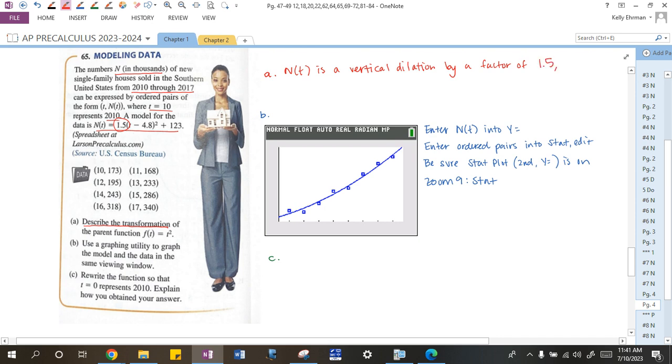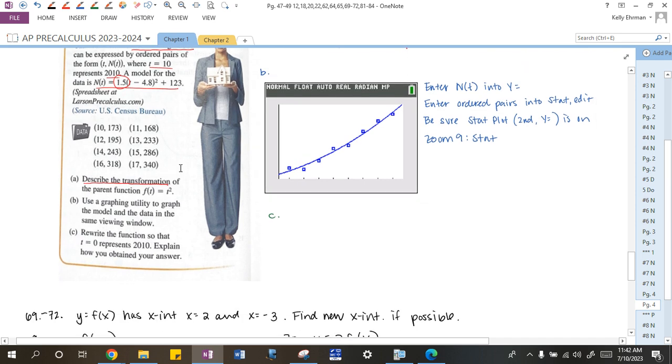It's vertical because the 1.5 is out in front. And then after that, I'm not going to say horizontal translation. I'm just going to say shift right 4.8 and up 123.